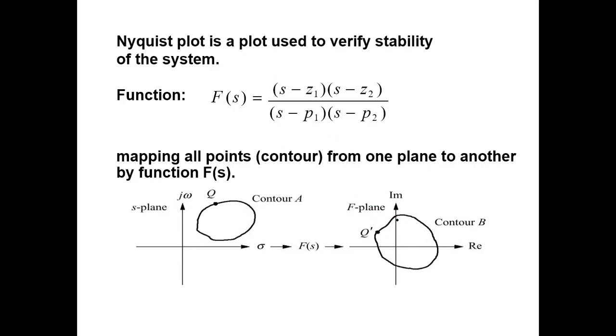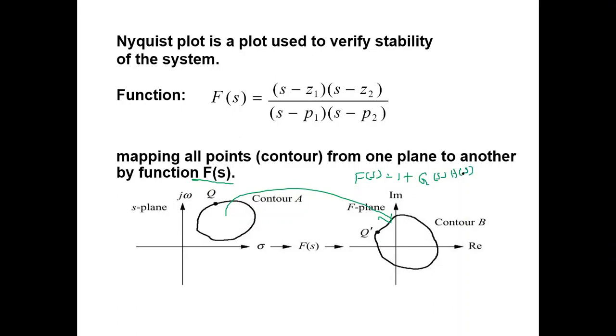It's like a contour we will draw. We will map all the points which are in the s plane into the f of s plane. It looks like a contour. So this contour is drawn based on the function f of s, where f of s, I told you already, is equal to 1 plus g of s into h of s.